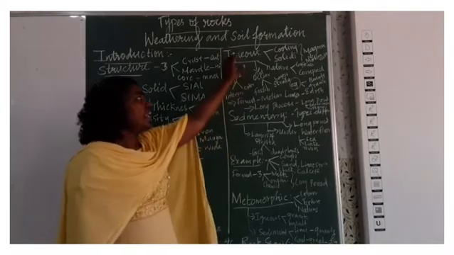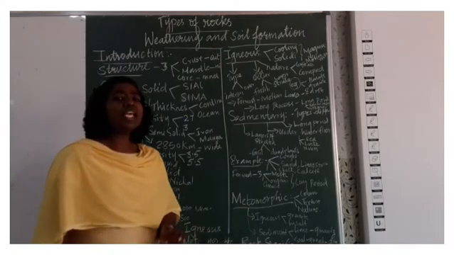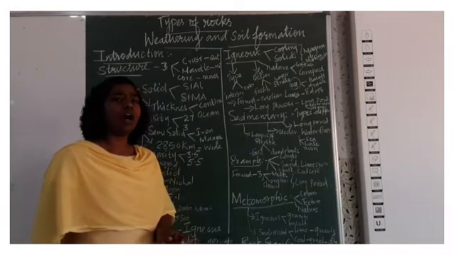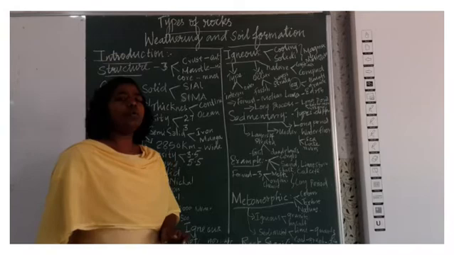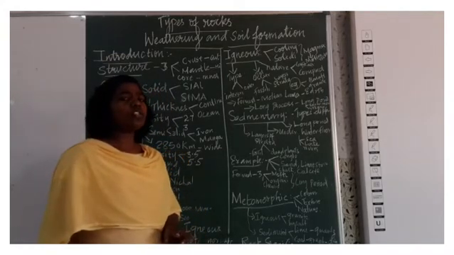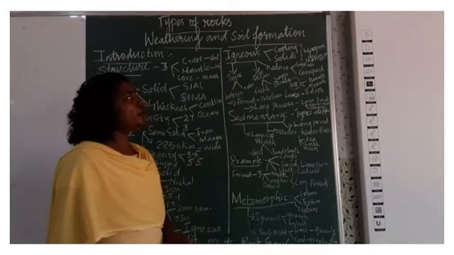How are igneous rocks formed? Igneous rocks are formed because of the cooling and solidification of molten lava that comes out from the interior of the earth.